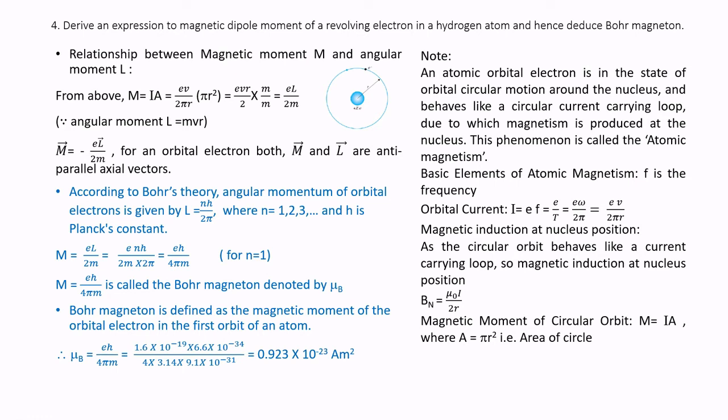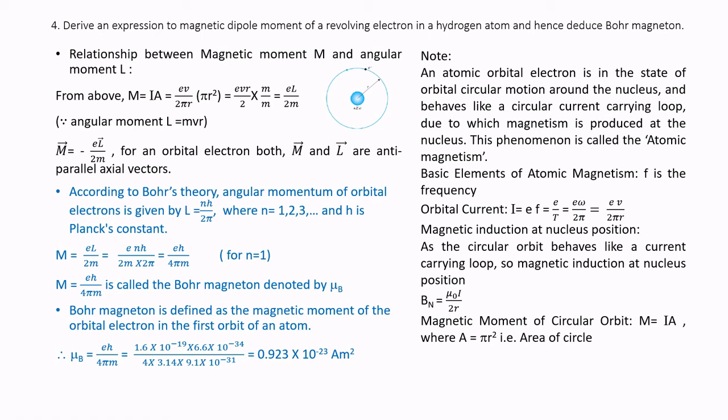Therefore, we can calculate the value of mu b by putting the values. That is, we have seen eh divided by 4 pi m. e is the charge of electron, and that is 1.6 into 10 to the power of minus 19. And the value of Planck's constant is 6.6 into 10 to the power of minus 34. 4 into pi is 3.14, and mass of electron is 9.1 into 10 to the power of minus 31.